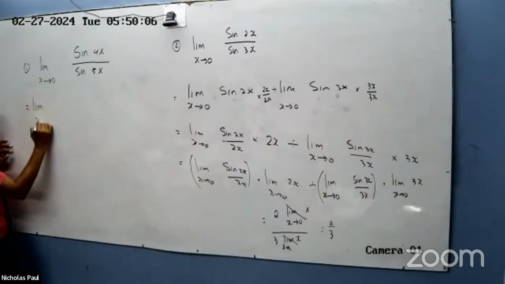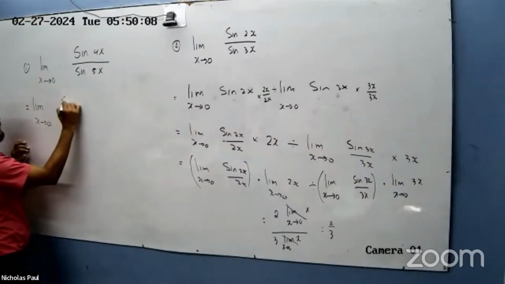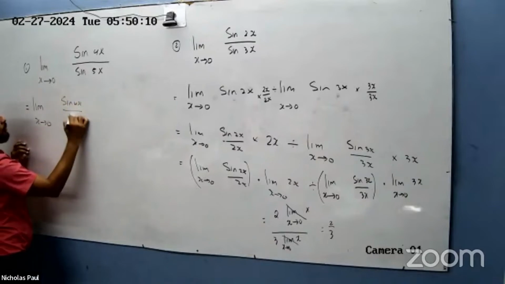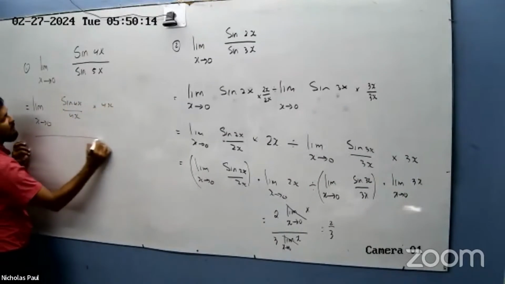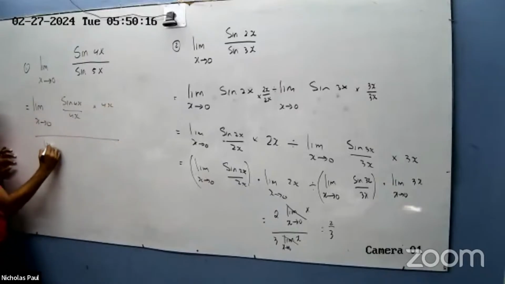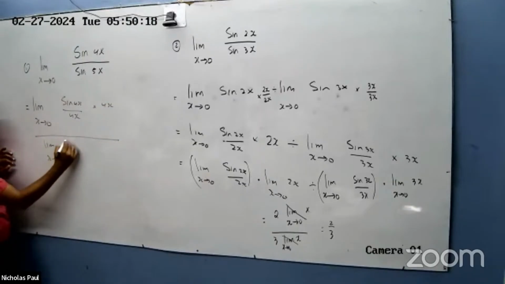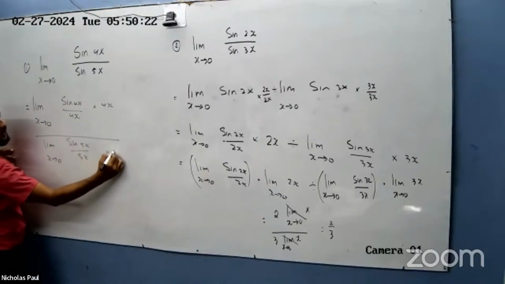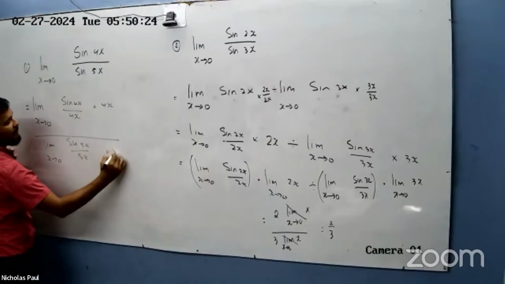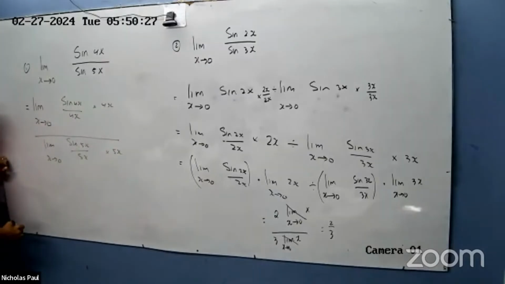So the limit as x approaches 0 will be sine 4x all over 4x, multiplied by 4x, divided by the limit as x approaches 0 of sine 5x all over 5x, by 5x. Right? And just break it up here and we're done.